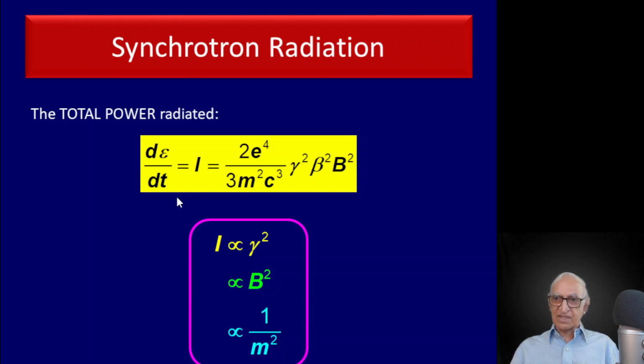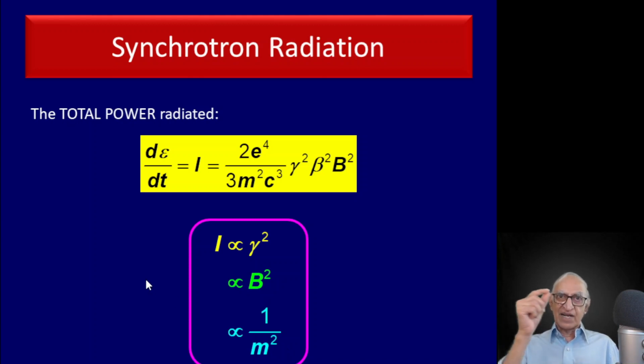The energy radiated per unit time by a relativistic particle going around in a magnetic field is proportional to gamma squared. It is proportional to the square of the magnetic field, and it is inversely proportional to the square of the mass of the particle.